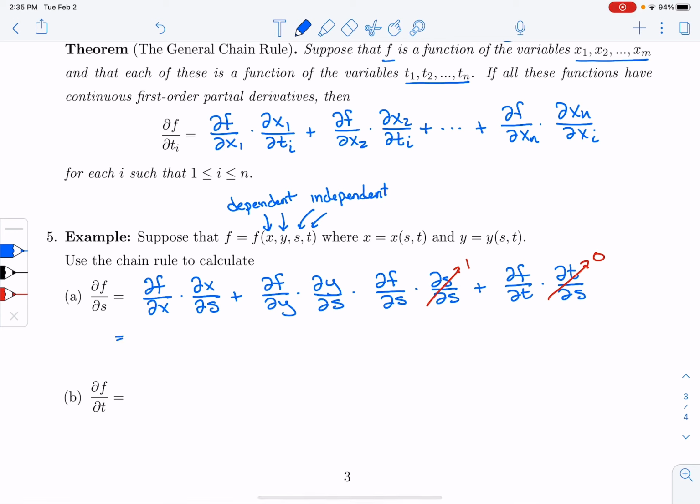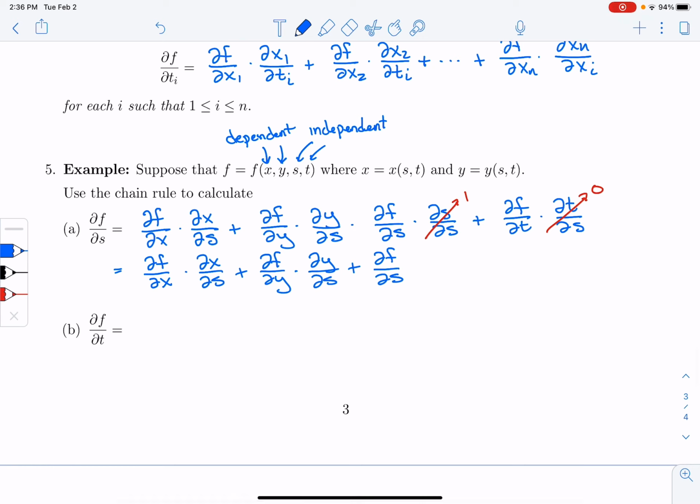So just rewriting this, it's going to be df dx times dx ds plus df dy times dy ds plus df ds. And that is the partial derivative of f with respect to s. Now, if I want the partial derivative of f with respect to t, that would be df dx times dx dt plus df dy times dy dt.